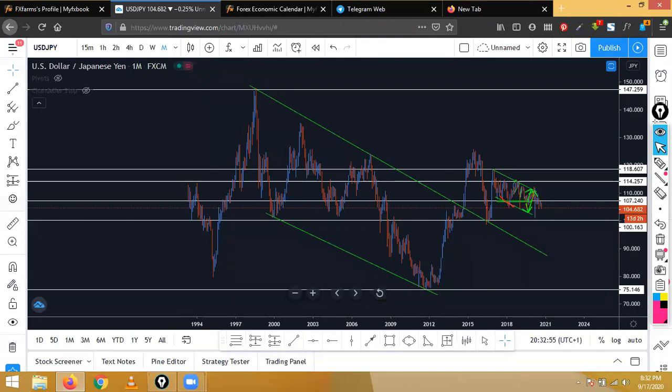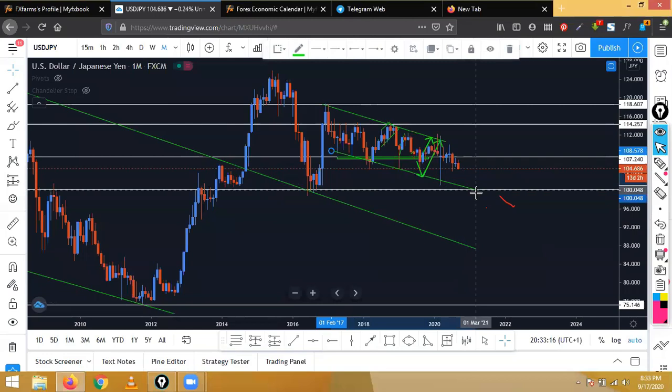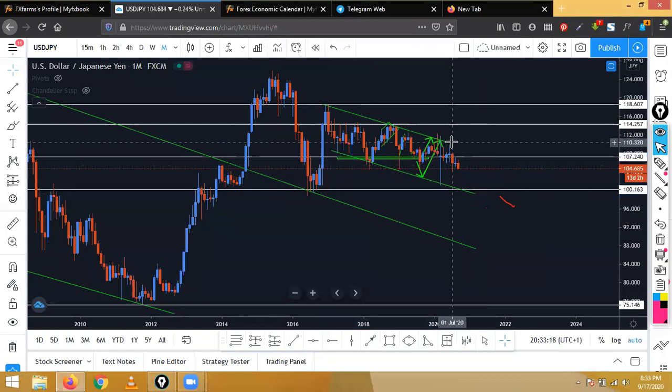You can see price is moving in this direction, and it seems to break out of this bigger channel here, and it's trading above there. So at that point we should be looking at the overall structure here as buying. Let me extend this.